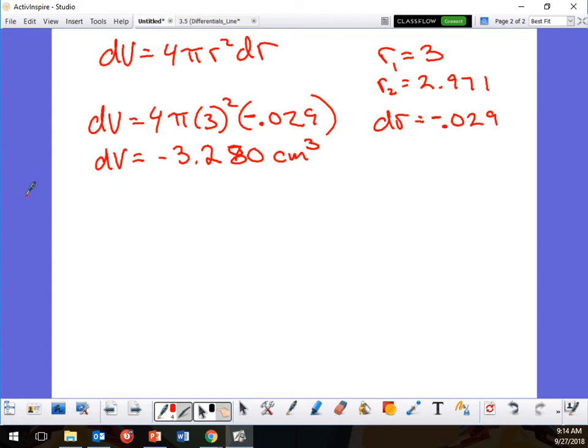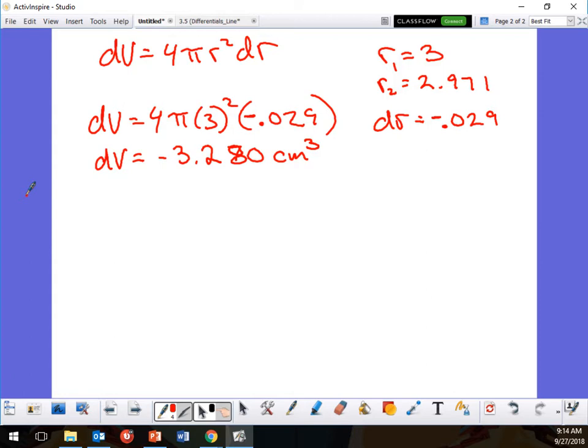So now, can someone tell me what this is actually saying? Yeah, the change in volume. So we're doing an approximation for the change in this. This is just the approximation. Now let's see what the actual change is.